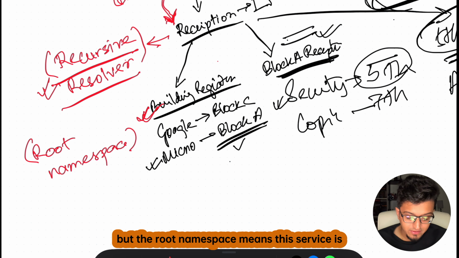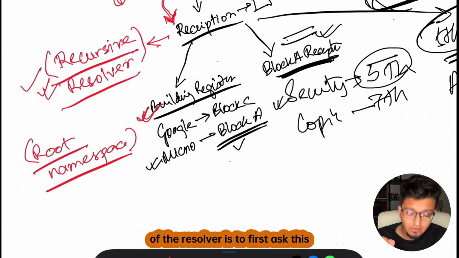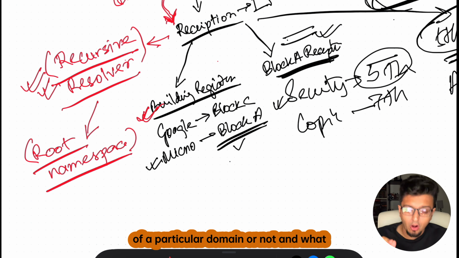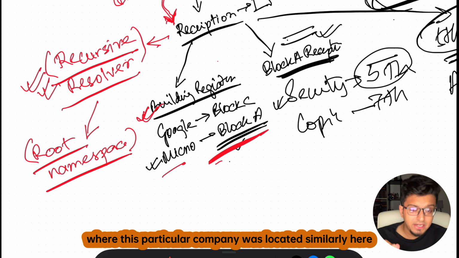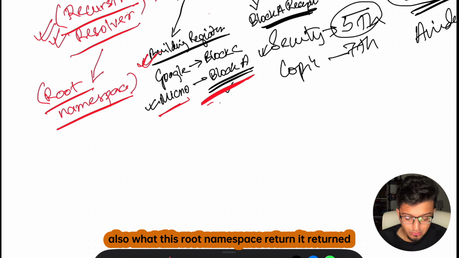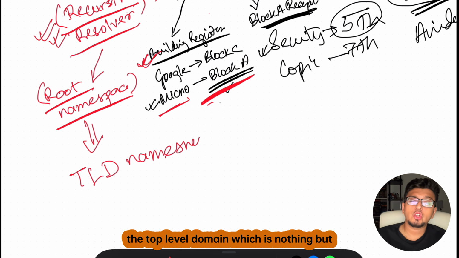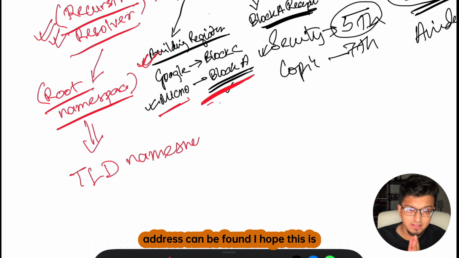The responsibility of the resolver is to first ask the root namespace whether it knows the IP of a particular domain or not, and what this namespace returned was the block where this particular company was located. Similarly here, the root namespace returns the TLD name server, and TLD stands for top level domain, which is nothing but the building or block where a particular address can be found. I hope this is clear.